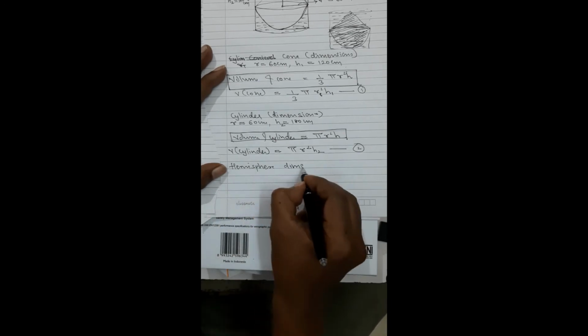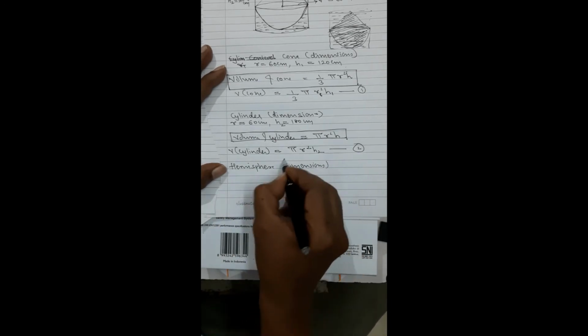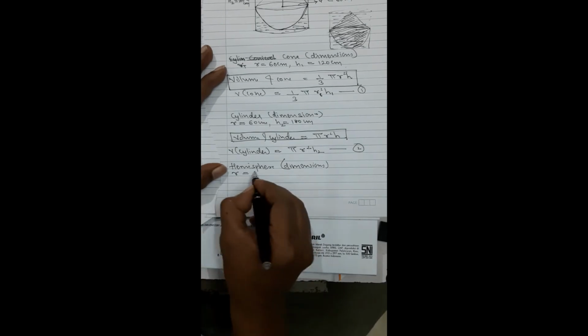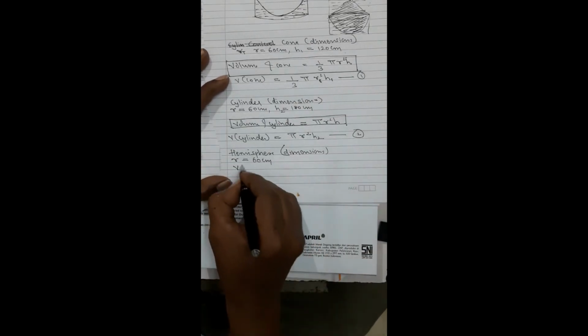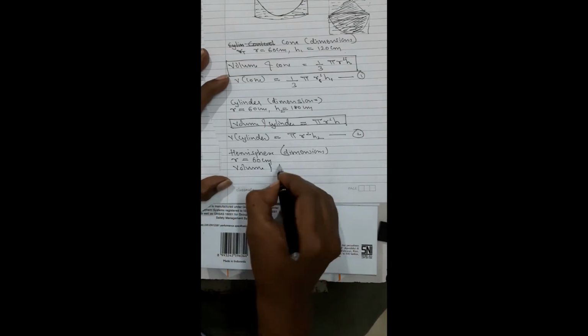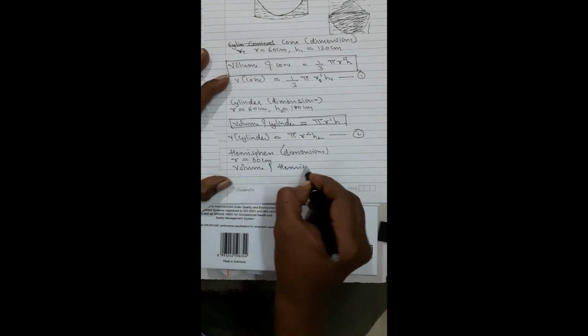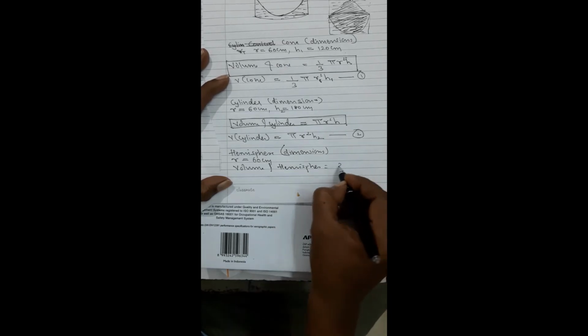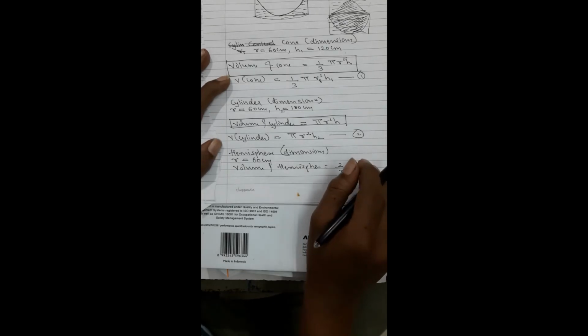Again I will talk about the dimensions of hemisphere first, and it is going to be r, that is going to be 60 centimeter. Then volume of hemisphere is equal to 2 upon 3 pi r cube. Okay, volume of hemisphere is equal to 2 upon 3 pi r cube.